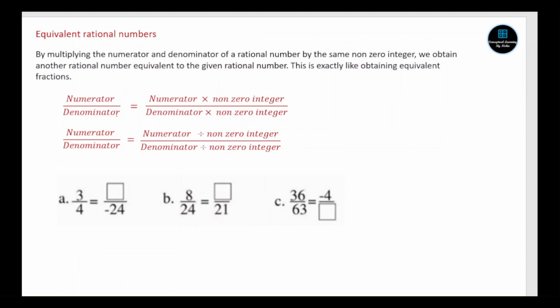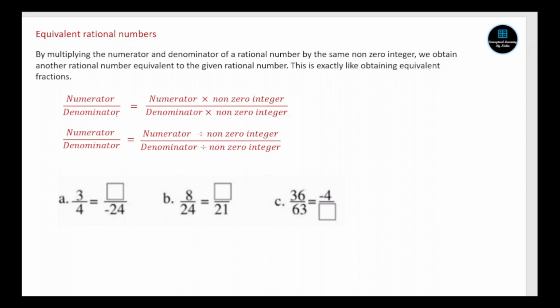Now let's understand what we mean by equivalent rational numbers. We learned about equivalent fractions, and it works in exactly the same way. If I want to find equivalent rational numbers, I have to multiply both numerator and denominator by a non-zero integer, or I have to divide both of them by a non-zero integer. Now what does it mean?